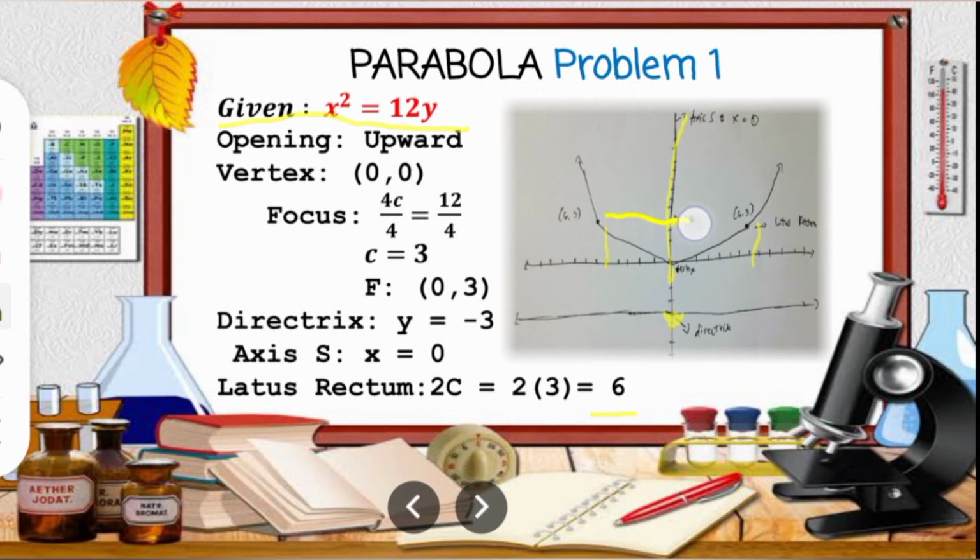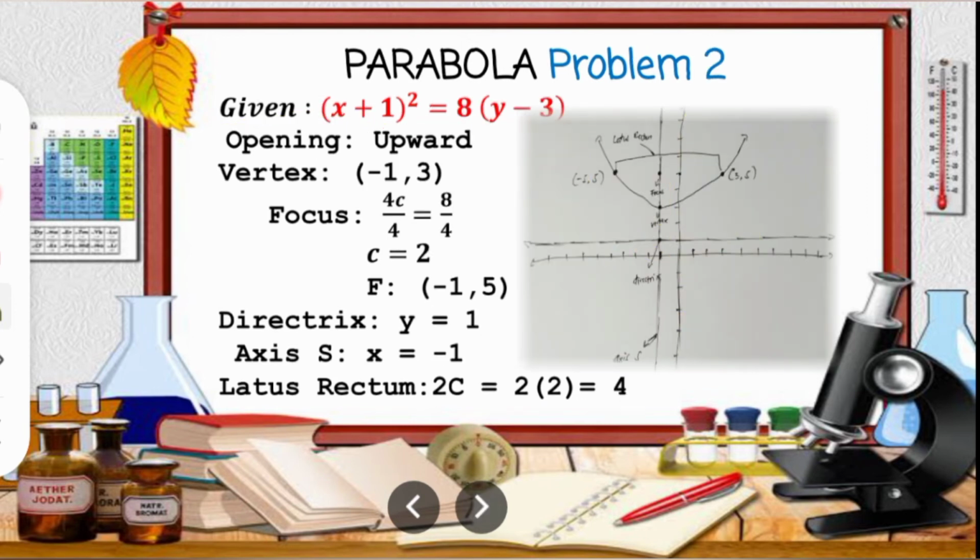So here is our latus rectum. For that, we can make the parabola. This is the line of our parabola, opening upward.